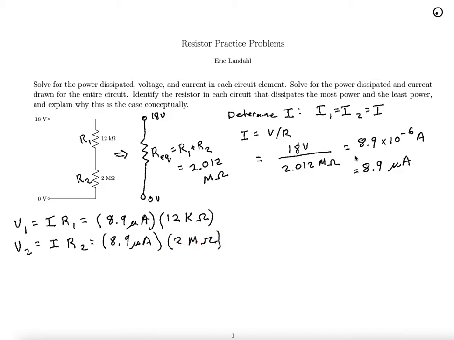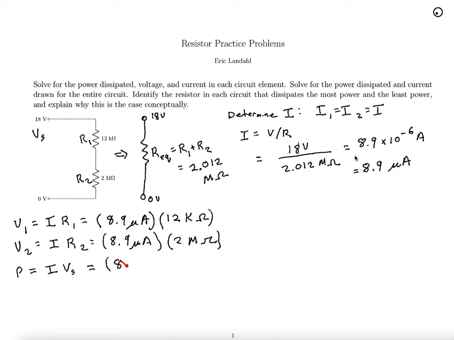And then a few other things I need to calculate are going to be the power in each component. And for power, for the whole circuit, it's I times V of the supply. So I'll label this V sub S here.